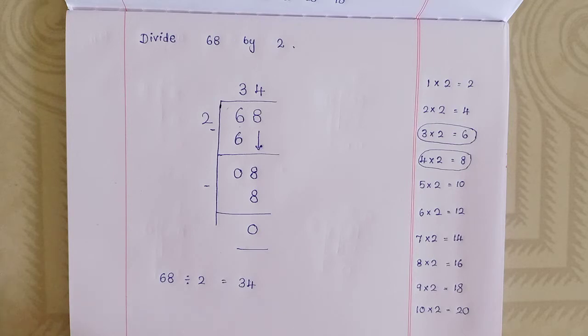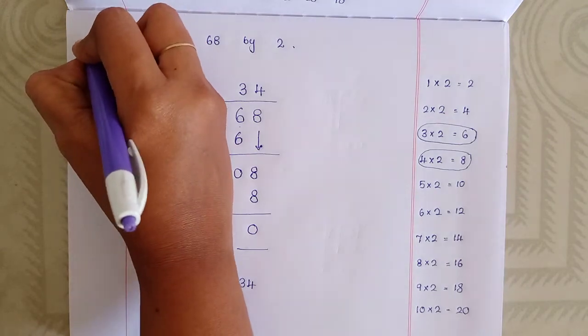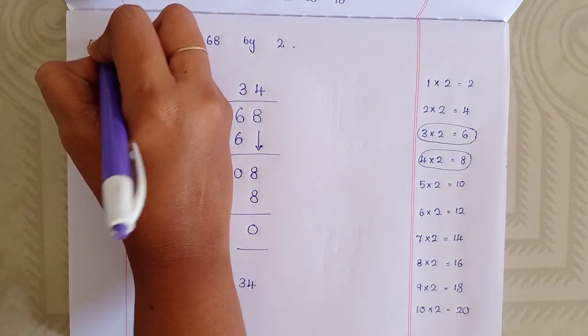Take a new page and write the sum. Take a new page and write class work. CW, class work.